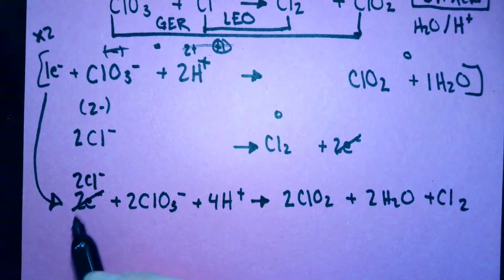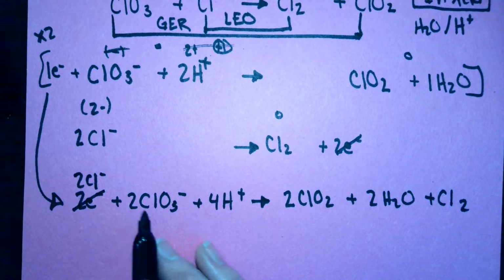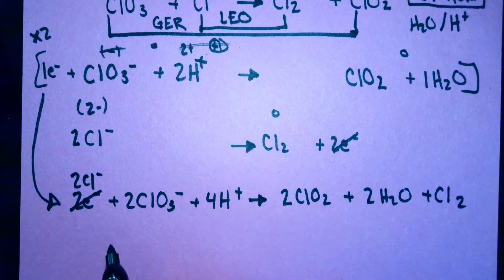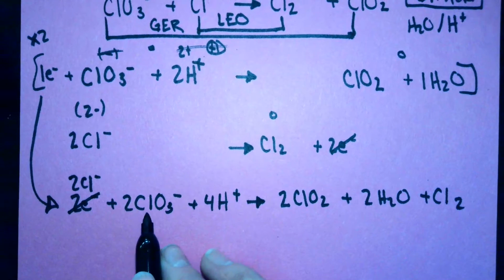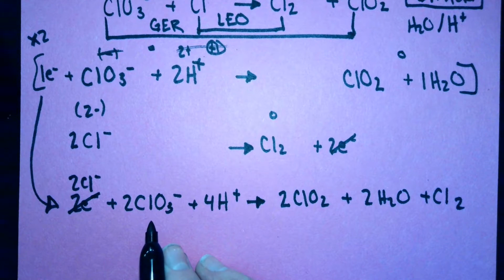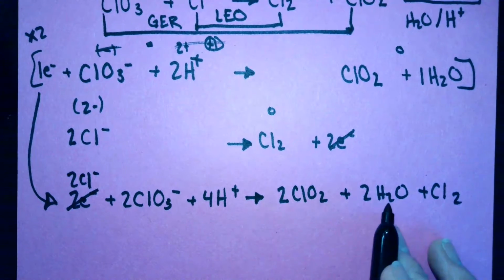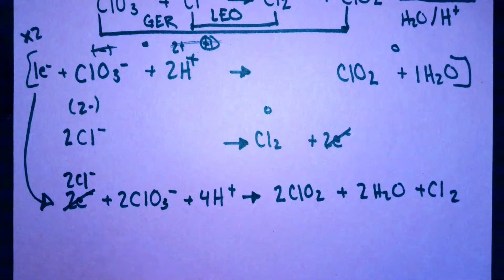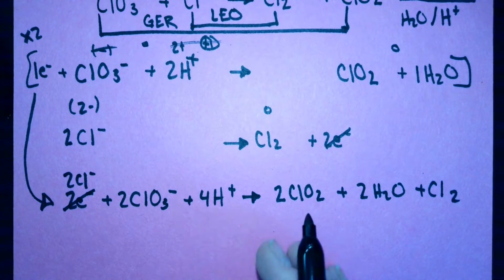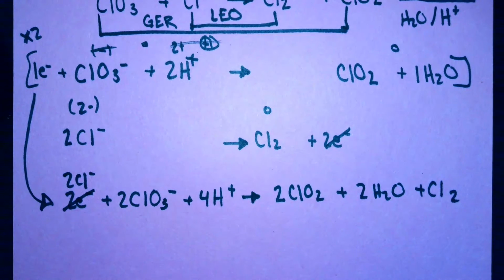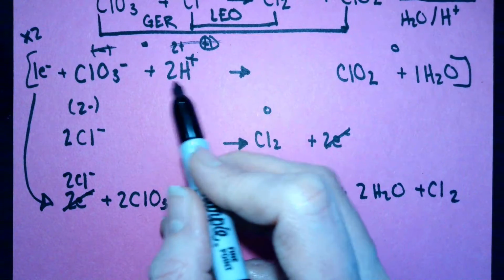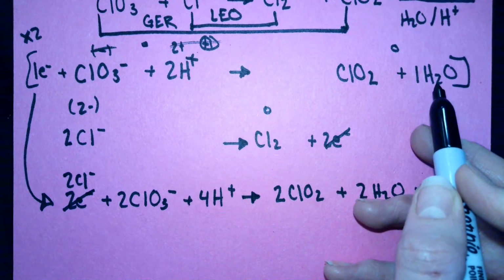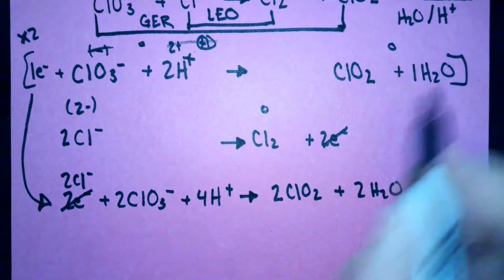Hold on. Okay, so I've got 2 and 2 for chlorine, which is 4, and I have 2 and 2, which is 4. Again, the last check, I know we've just been double checking with an answer key, but in reality you can double check by saying, are all my atoms balanced and all my charges balanced? That's really the goal of this, is balancing it, but in the form that an acid or a base would balance. An acid is an acid because of these guys, H+, and it has water. In order for something to be an acid, it must be in an aqueous solution, hence the H2O.